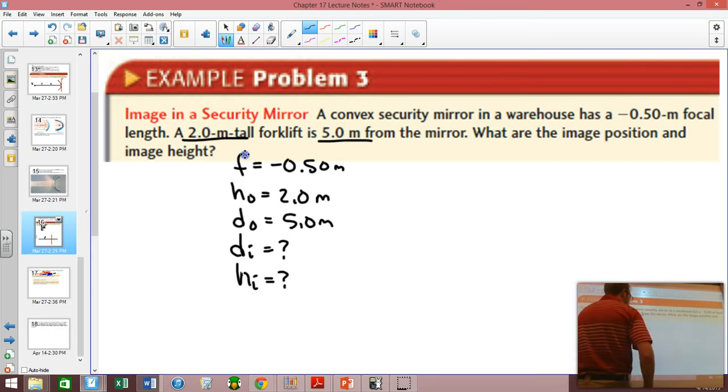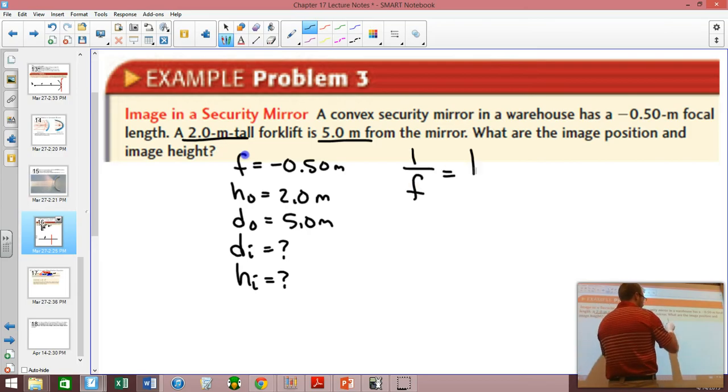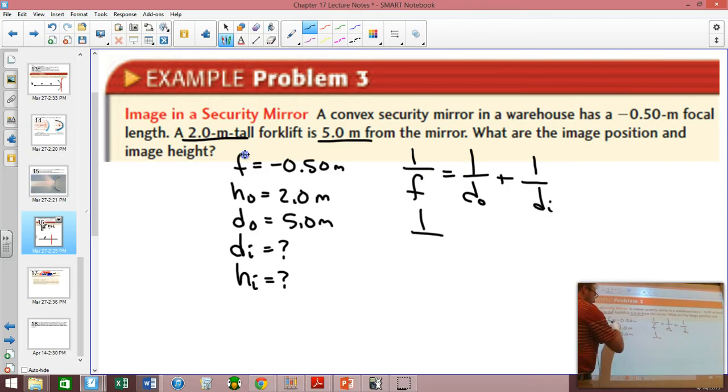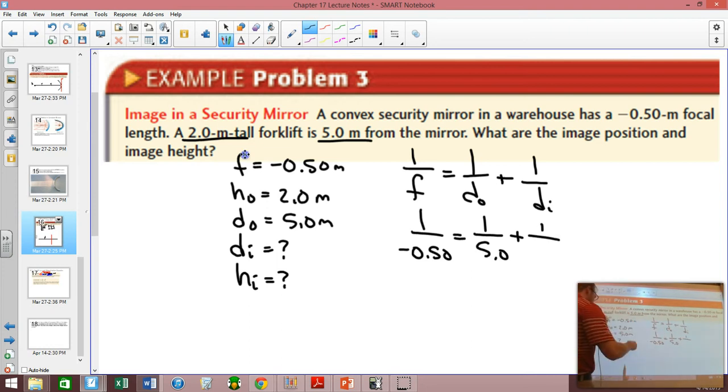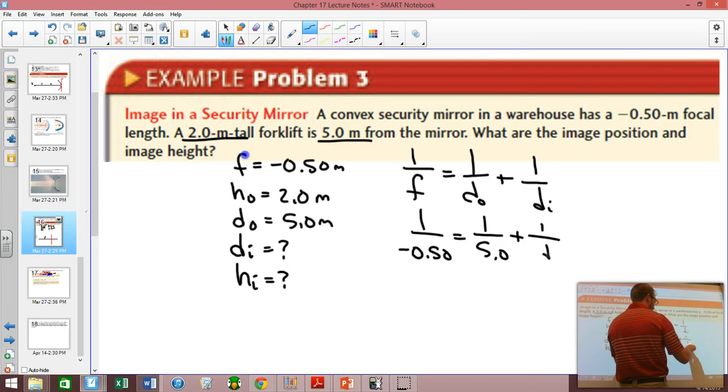It's a very simple application of the mirror equation: 1 over f is equal to 1 over do plus 1 over di. The focal length is negative 0.5, the distance to my object is 5, and the distance to my image is unknown.